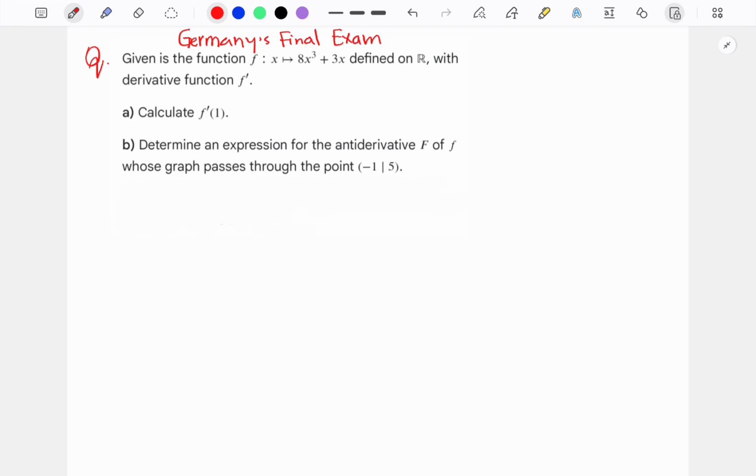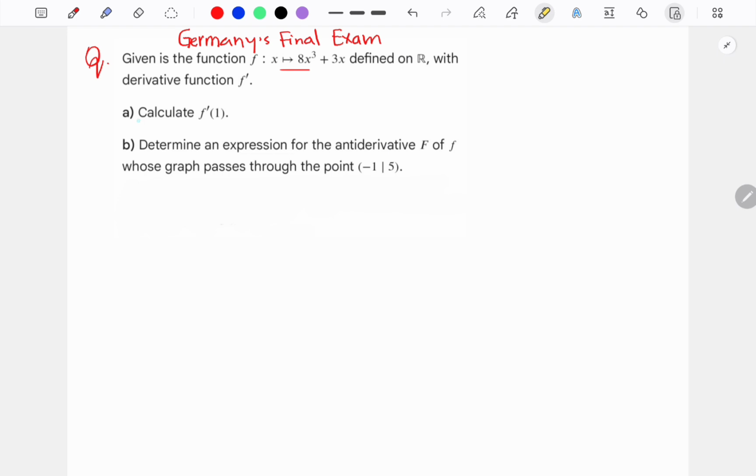So, given is the function f such that x is mapped onto 8x cube plus 3x defined on R with derivative function f prime.